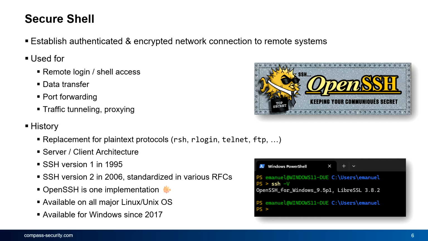And OpenSSH itself is just one implementation of the SSH protocols, and there are also other implementations. OpenSSH is available on basically all Linux and Unix operating systems and also on Windows systems since 2017.